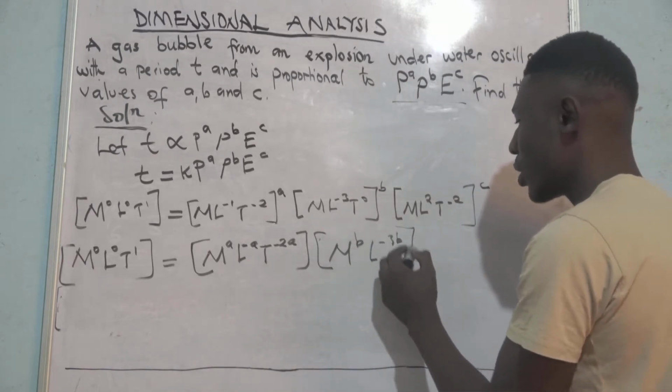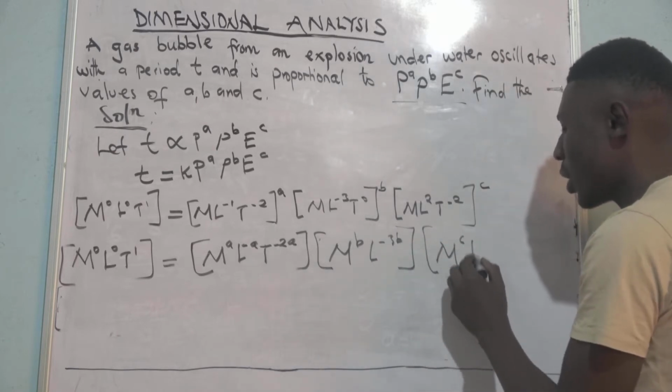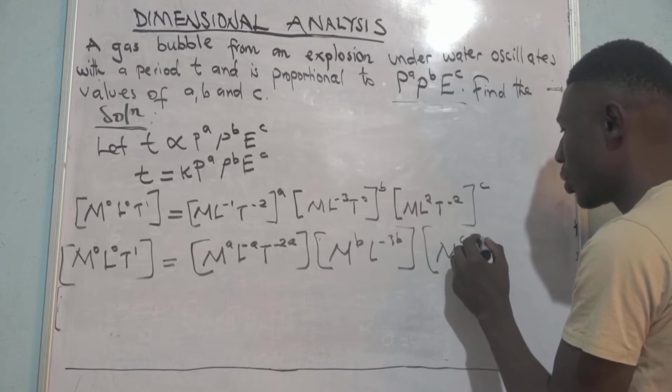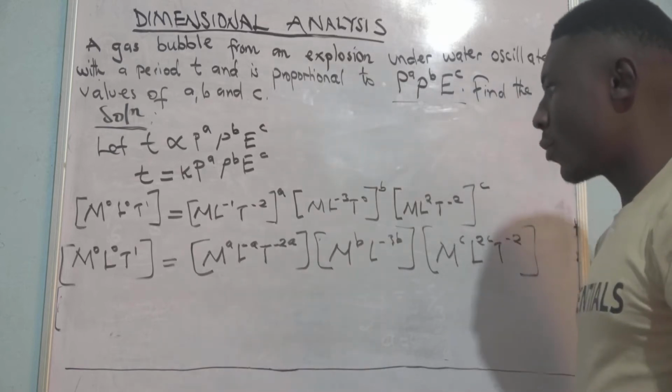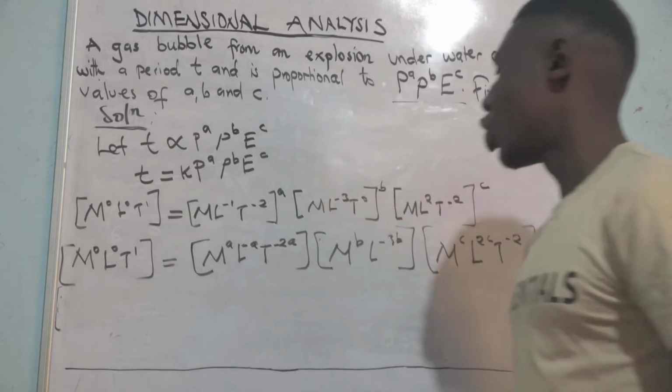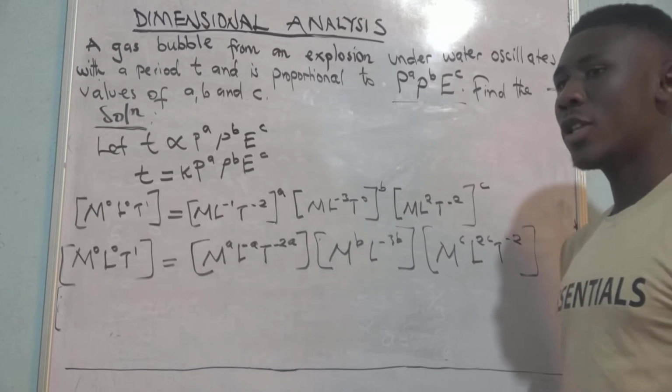Then multiplied by M to the power c, L to the power 2c, and T to the power negative 2c.